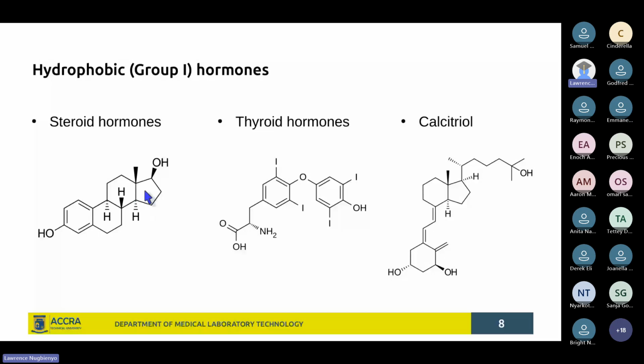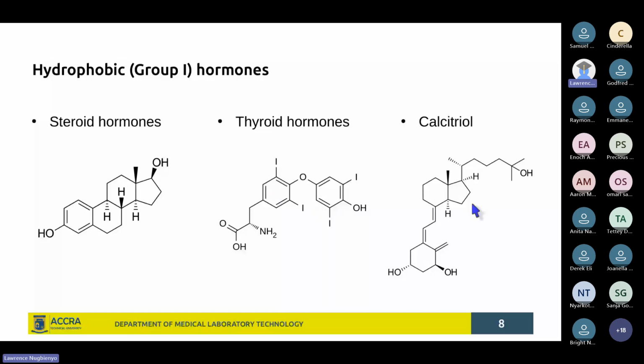You have thyroid hormones. If you look clearly at these, thyroid hormones look very much like a derivative of the amino acid tyrosine. If you pay attention to it, because tyrosine will have that benzene ring with a hydroxyl group on it. But here you have 2 rings, but it's hydrophobic, the thyroid hormones. The calcitriol.